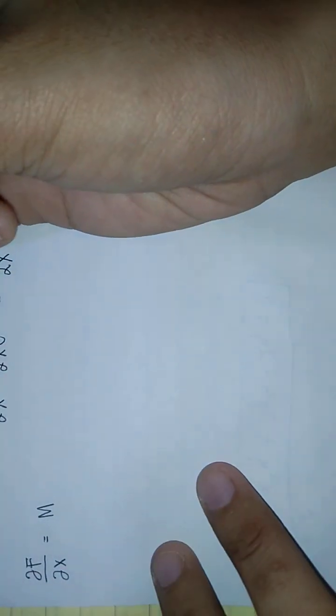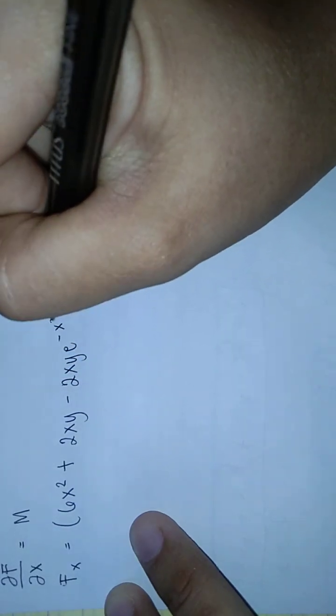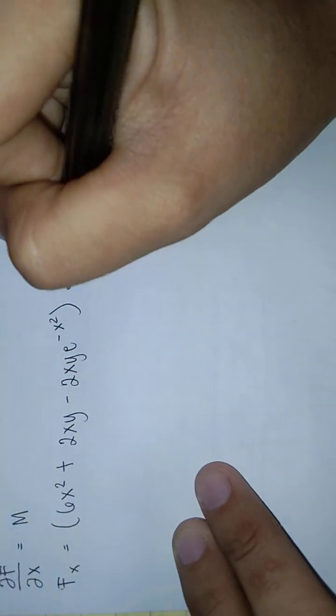Let's have the partial derivative of f in terms of y is equal to our M, and our M is this one. So we'll have 6x squared plus 2xy minus 2xy e raised to negative x squared dx.